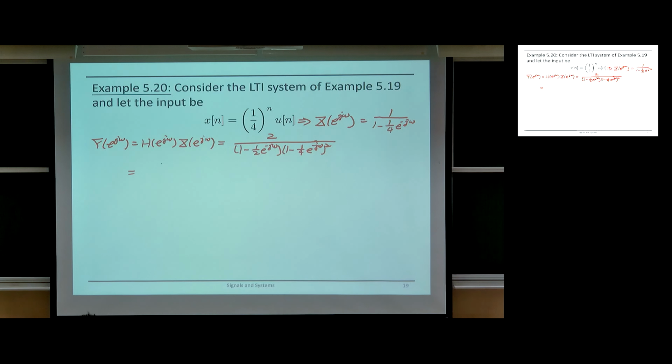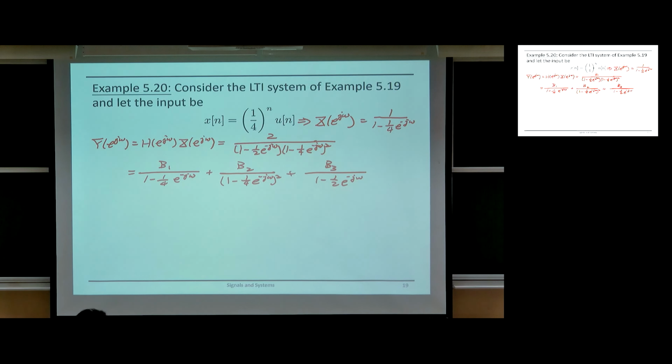So you split into three terms, let's call it B1 over 1 minus 1/4 e to the minus j omega plus B2 over 1 minus 1/4 e to the minus j omega squared plus B3 over 1 minus 1/2 e to the minus j omega.